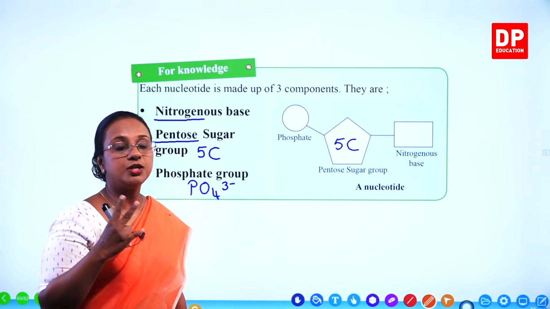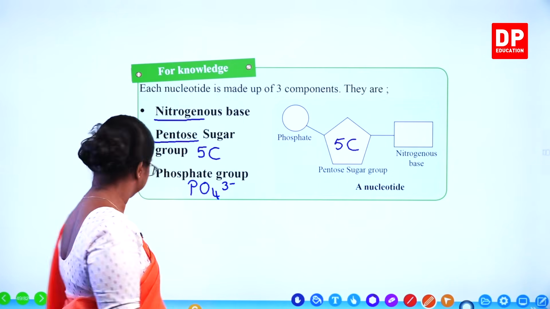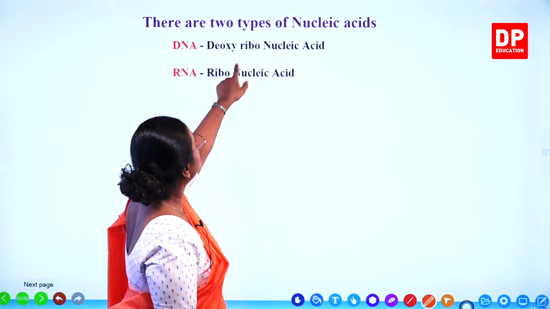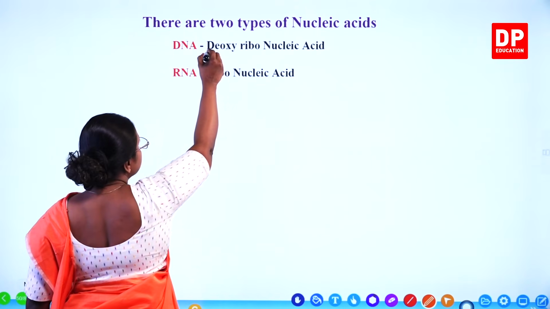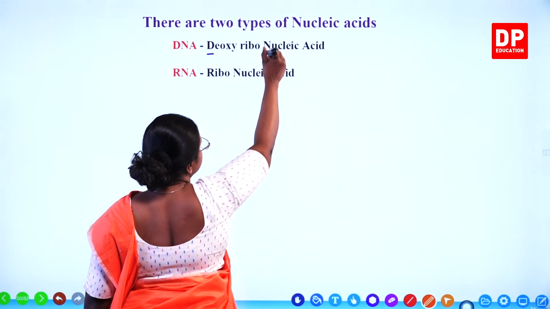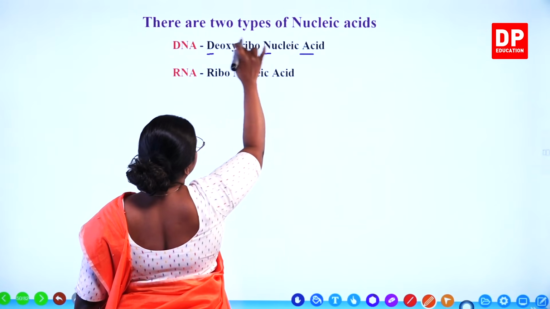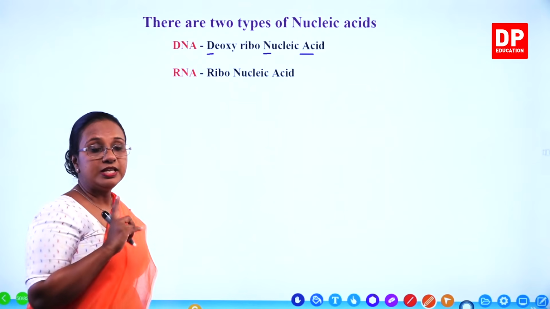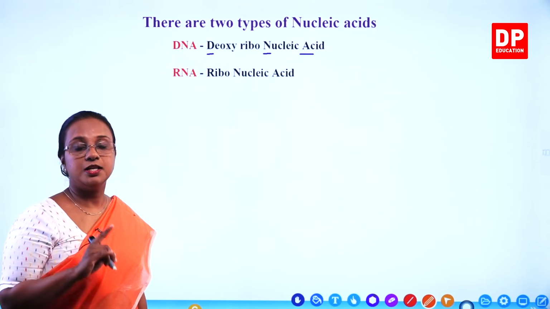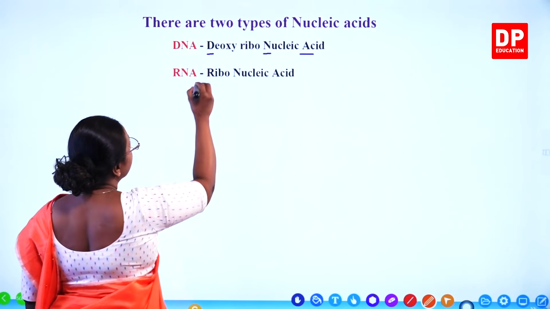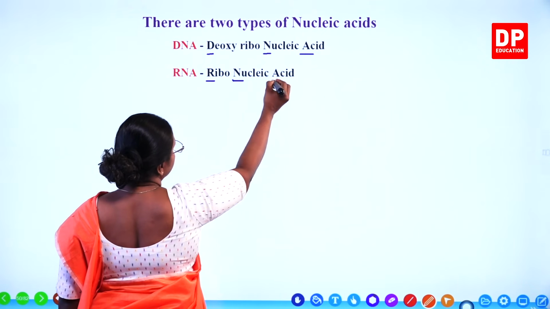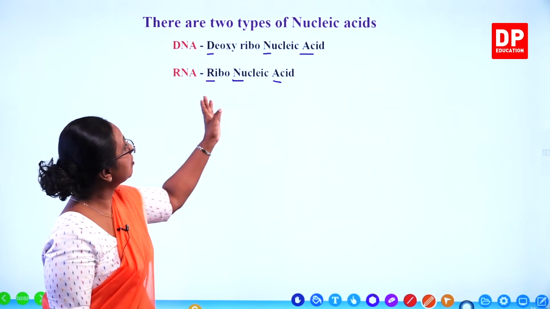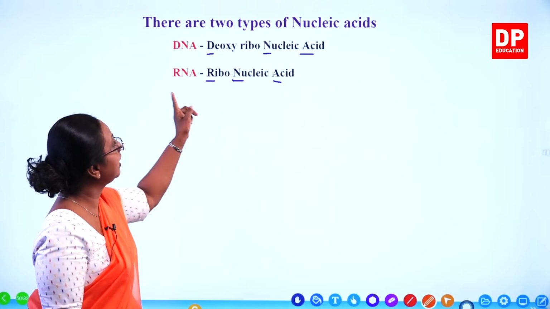Therefore, there are 2 types of nucleic acids. Here you can see one is called deoxyribonucleic acid. If we take the first letter of these 3 words, DNA, deoxyribonucleic acid. So, DNA is one of the nucleic acids. The second one is called ribonucleic acid. Taking the first letters of the 3 words, we get RNA.